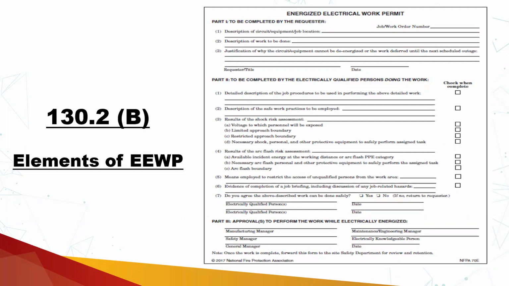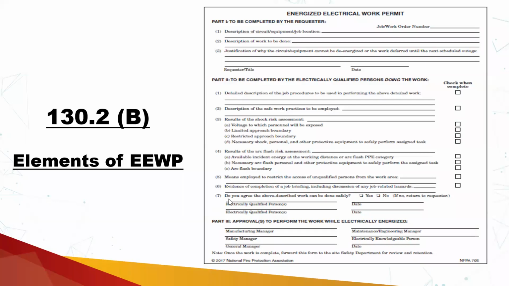But if they are giving a justification that establishing an electrically safe work condition is going to create additional hazard or increased risk, then under that category, a justification can be accepted. Part 2 needs to be completed by the electrically qualified person who is actually doing that particular task. He will be performing the task, and he will be giving his consent on whether this task can be performed live or not.